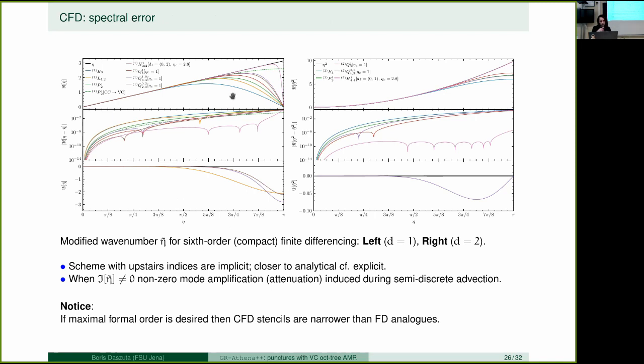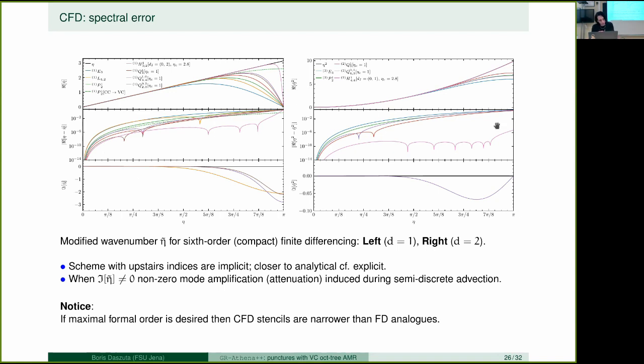If you do explicit sixth order finite differencing, you get the blue line. If you do a lopsided stencil, which is important when you're dealing with the vector terms, you get this orange thing. But now, if you look at the most basic compact finite difference scheme that you can cook up, you are already doing a lot better. So the difference between the actual analytical result and the modified wave number, you can see in green, for example, here.